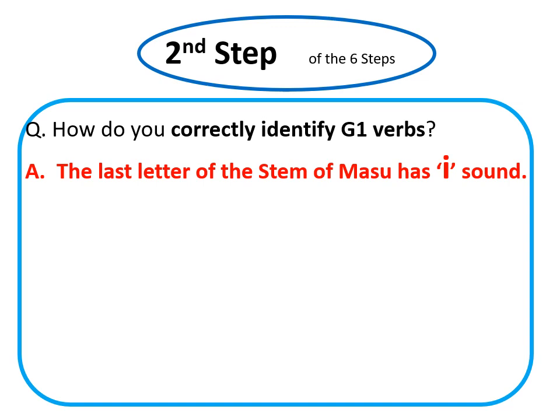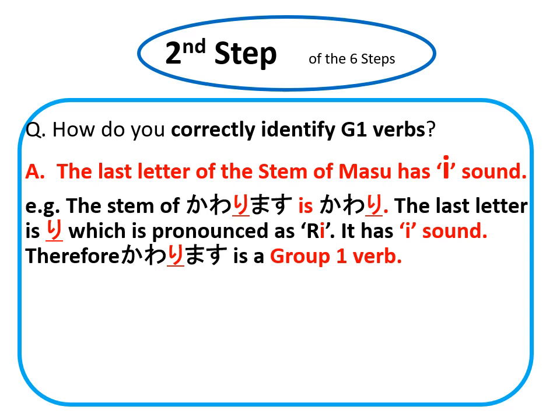Okay, for example, kawarimasu, to change. The "ri" is the last letter of the stem of the masu form. So "ri" has the "i" sound, therefore kawarimasu, to change, is group 1.